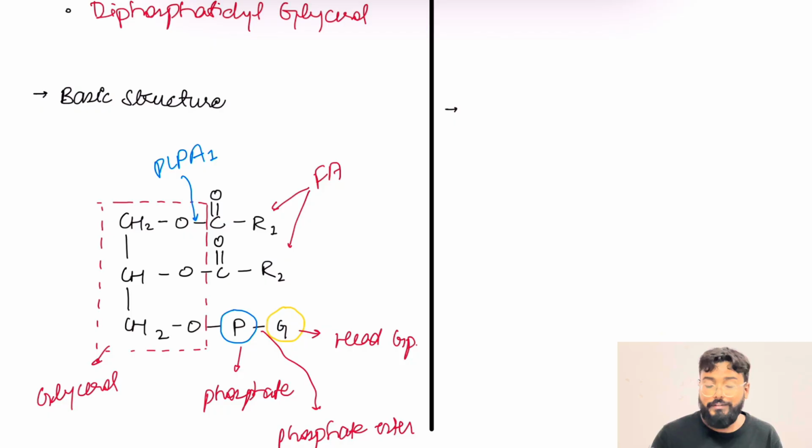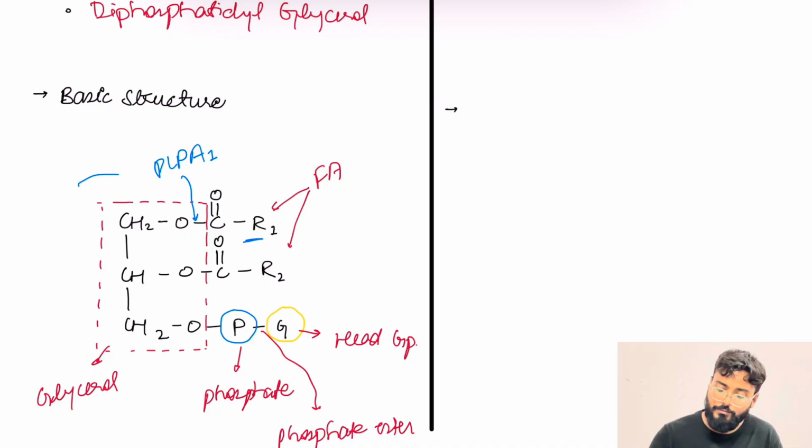When phospholipase A1 acts on the whole glycerophospholipid, it breaks the bond to the fatty acid attached to the alpha carbon of the glycerol, the first fatty acid.